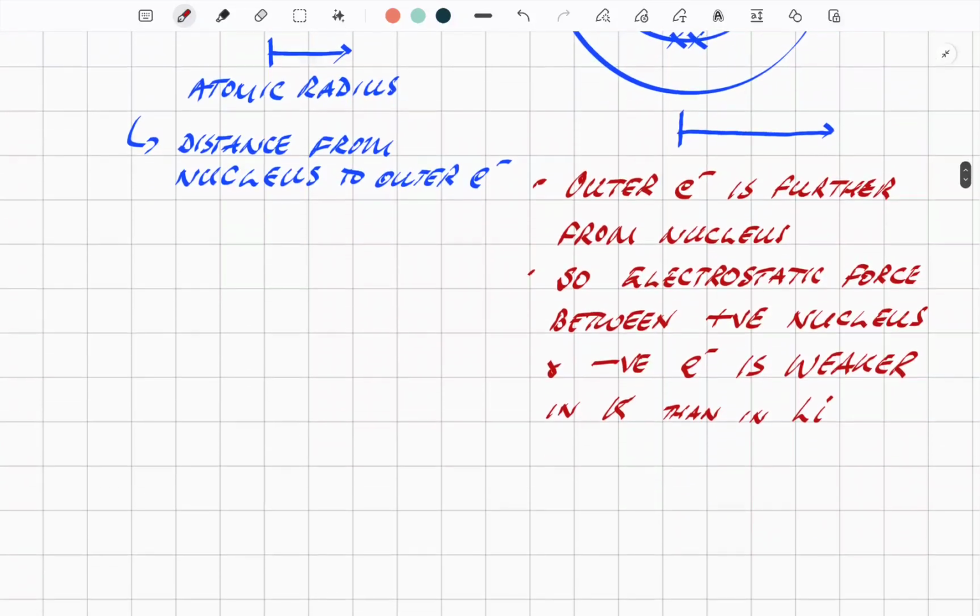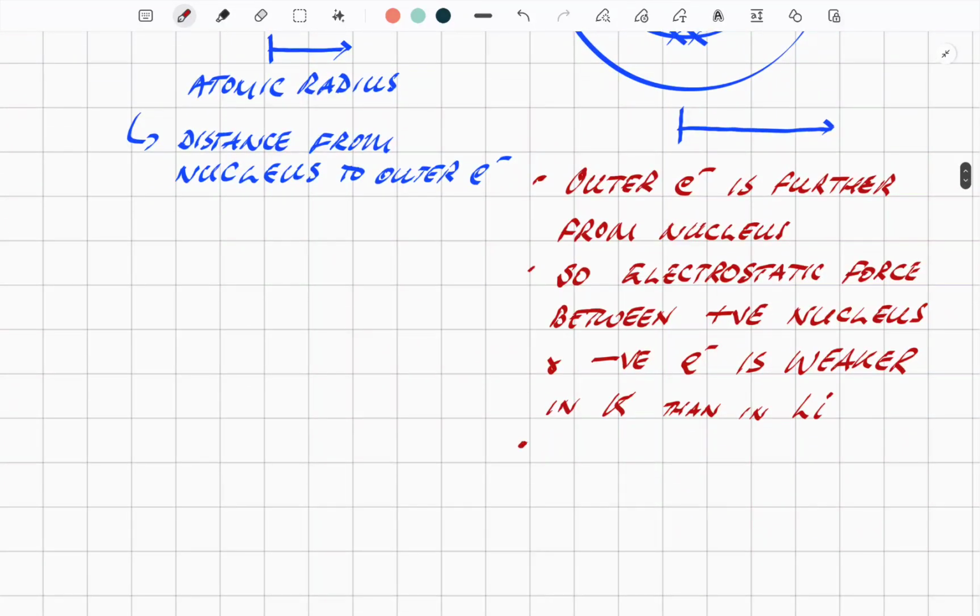Therefore, potassium can lose its electrons more easily than lithium, and that is the crux of it.